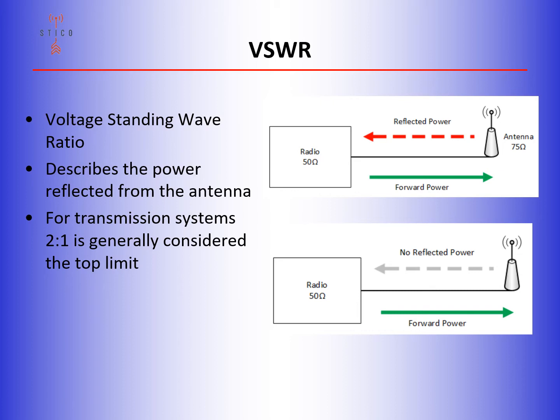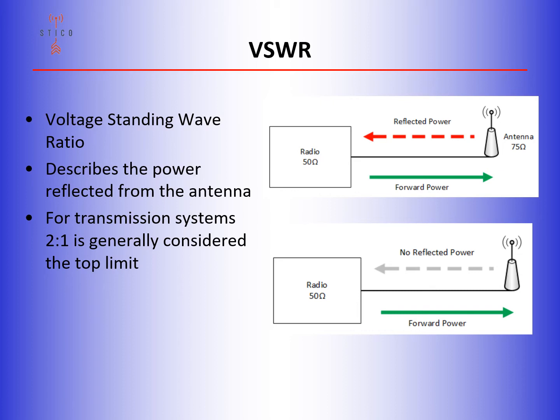In reality, however, some of this energy is reflected back into the feed line towards the transmitter, which you would be able to measure as reflected power. In order to quantify how much energy is reflected back into the system from the antenna, we use the term voltage standing wave ratio, or VSWR. For our purposes, the lower the VSWR, the better your system is.